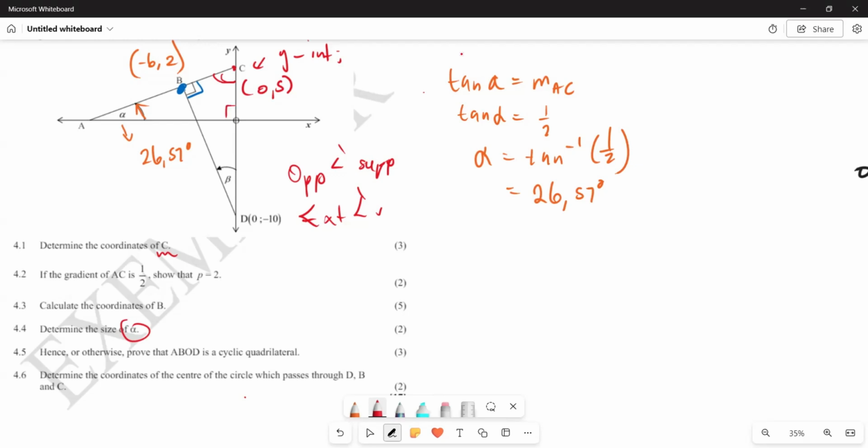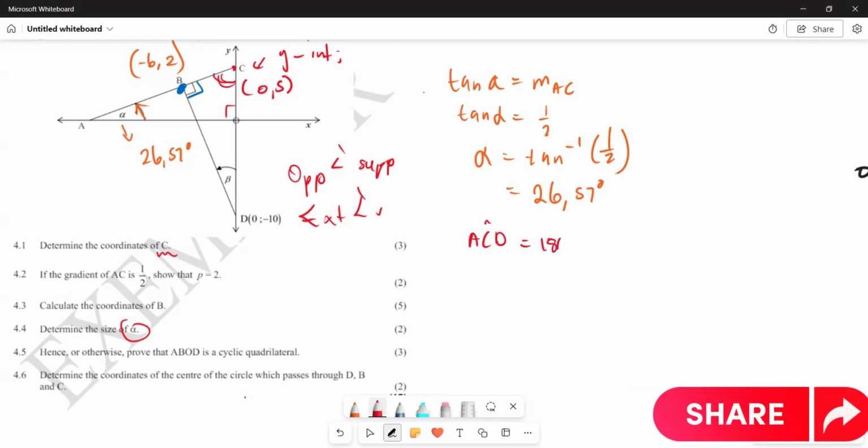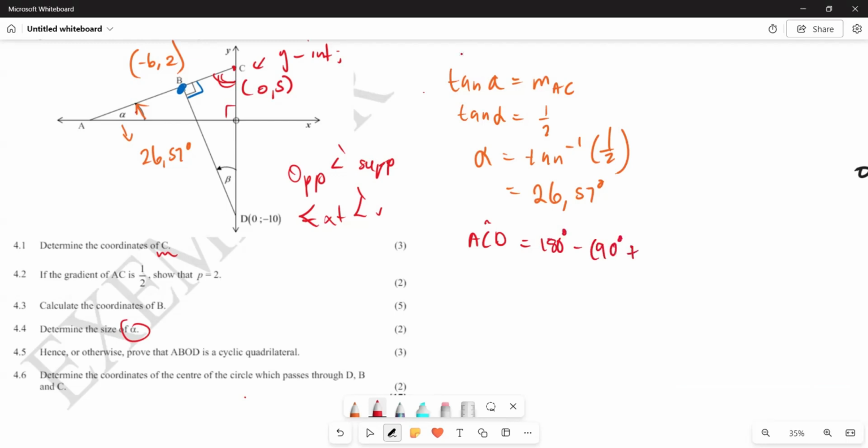So if you are looking at your triangle AOC, you're going to find that your angle ACD is going to be 180 degrees subtract 90 degrees plus 26.57 degrees. Can you see that, right?